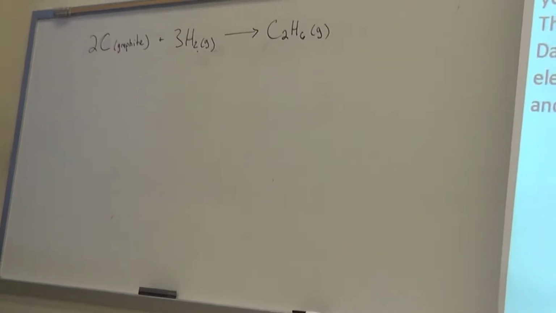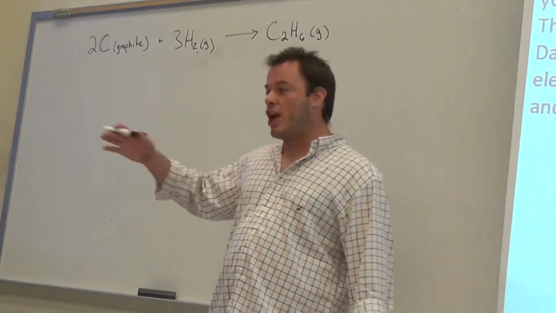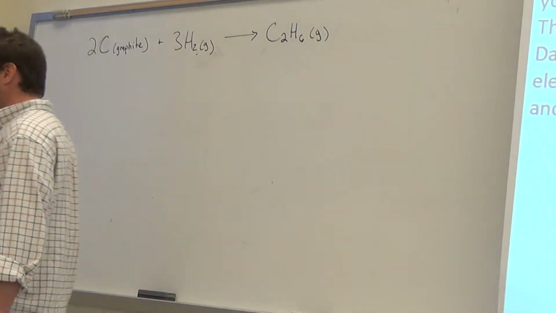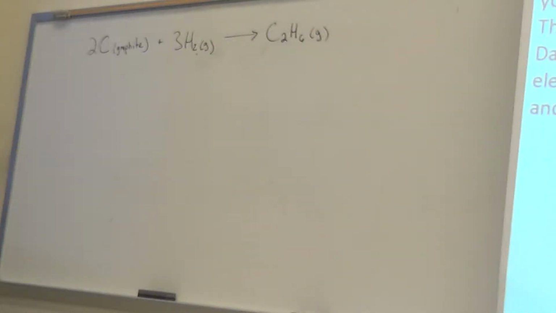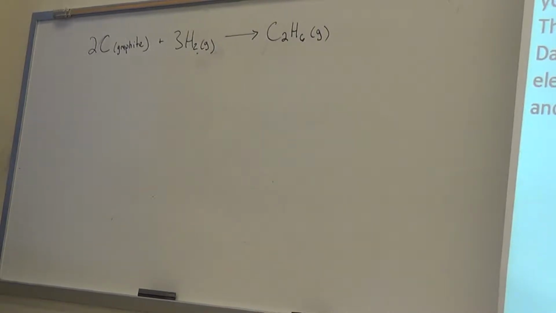So we said that for state functions, they're independent of path. So the change in enthalpy can be calculated along many different paths. This is just one particular path that theoretically you can calculate the enthalpy on.